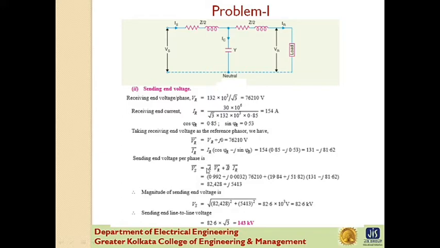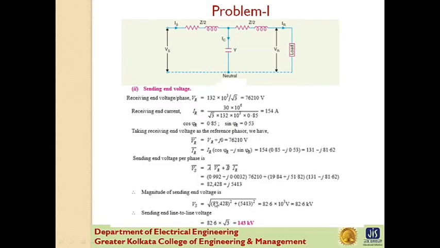So we put in these values and get the final value of sending end voltage per phase, which is 82,428 plus j5,413. Now the magnitude of the sending end voltage is root over 82,428 square plus 5,413 square, which is equal to 82.6 kilovolt.